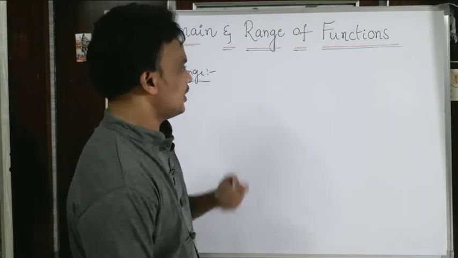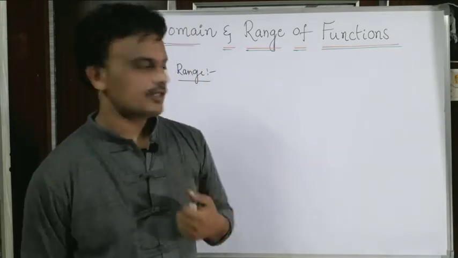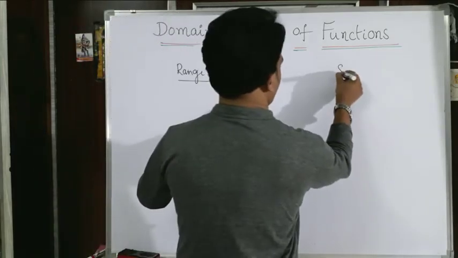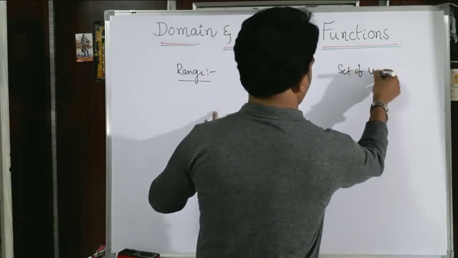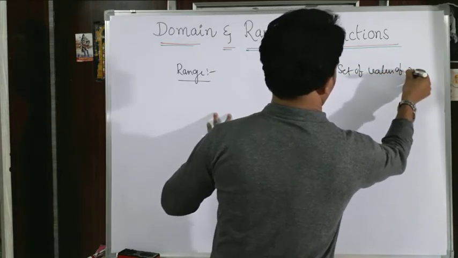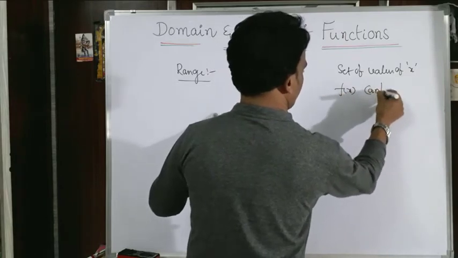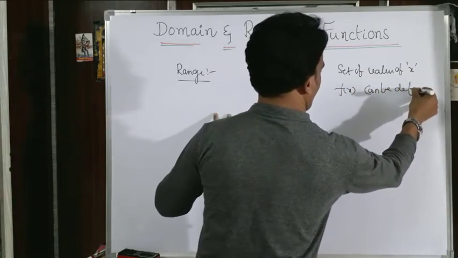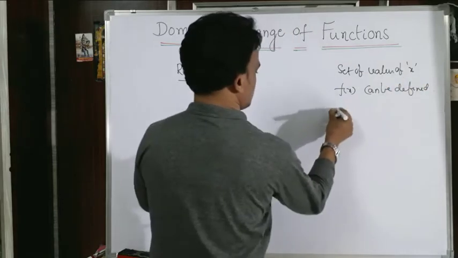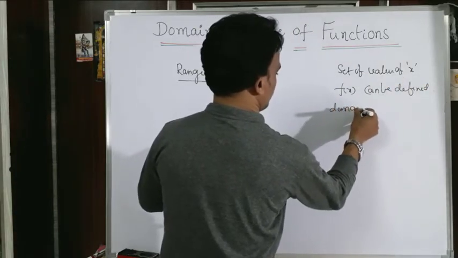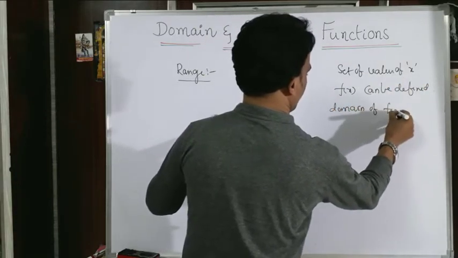So let us revise the domain of a function. What is the domain of a function? The set of values of x for which f of x can be defined is called the domain of f of x.